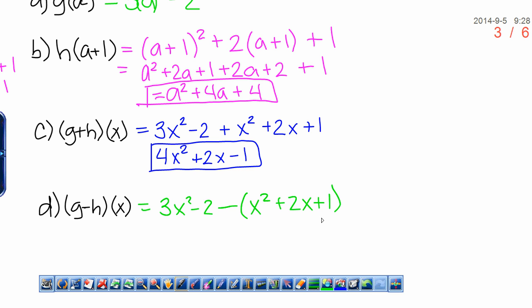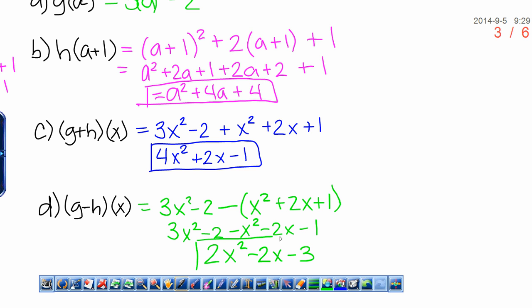And when you subtract that whole thing, what do you have to do? Distribute the negative. So this is 3x squared minus 2 minus x squared minus 2x minus 1, which would give me 2x squared minus 2x minus 3. Okay with that?